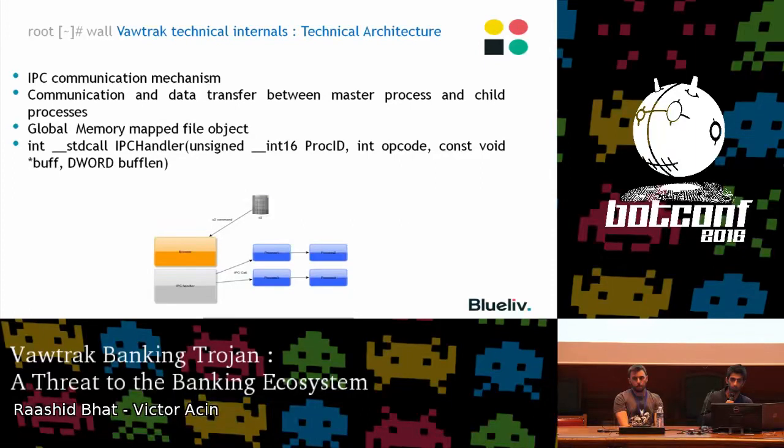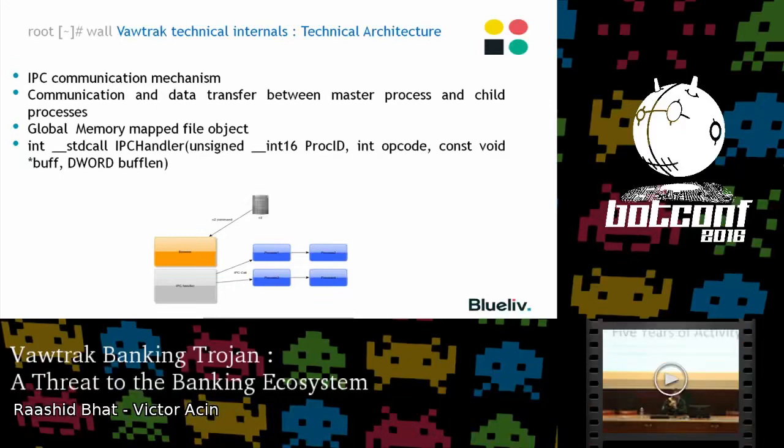It uses a global memory map file object, which acts as a communication medium between different processes. And the base process from where all the calls grow is explorer.exe.